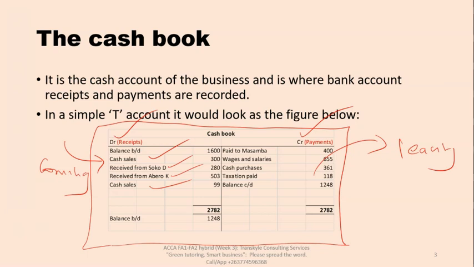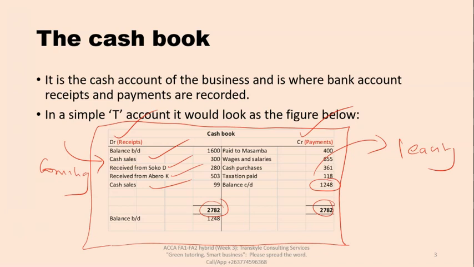You can see we just do the usual process of balancing the accounts. The debit side in this case had the larger amount, so these are the totals of the debit side, and they have to appear on both sides. Then here there was a deficit of this amount, which we call the balance c/d, because we wanted to ensure the gap is filled.